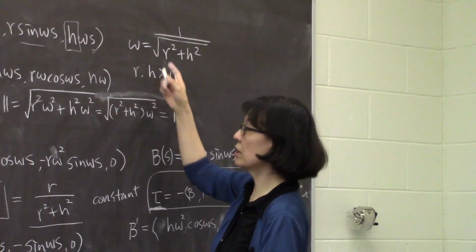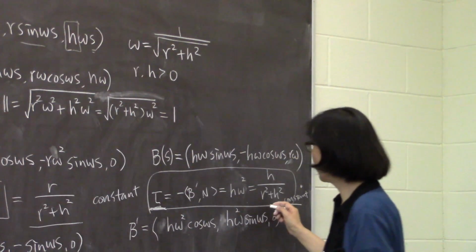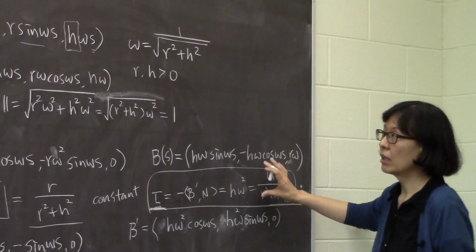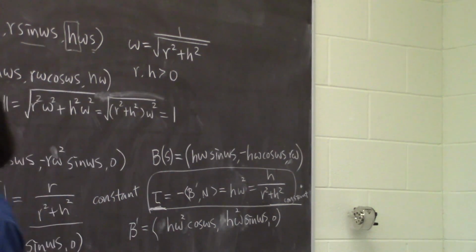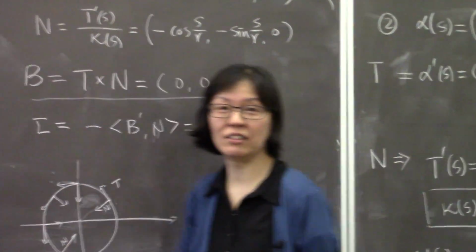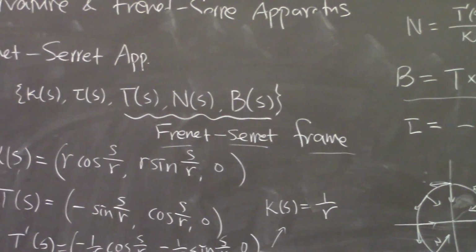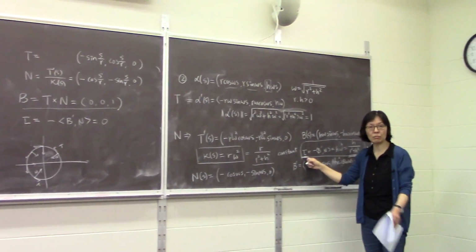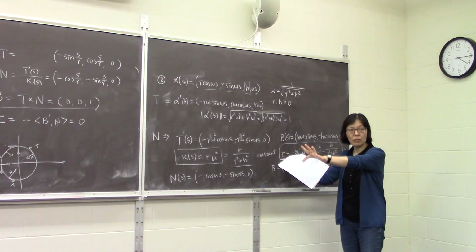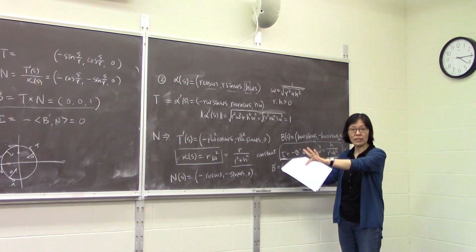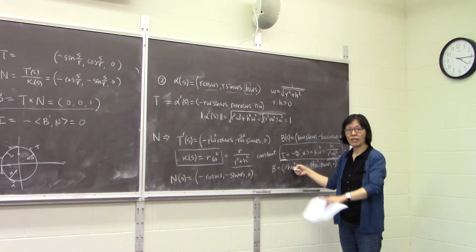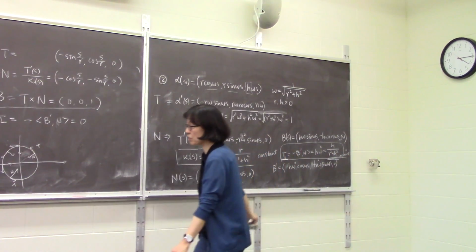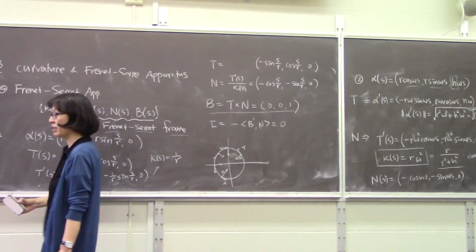We take H positive, right? So what happens if H is 0? Simply speaking, if H is 0, then the case will be like a circle, right? So you see the torsion measures how much the curve lies away from a single plane. So we have experience on the Frenet-Serret practice by these two examples.